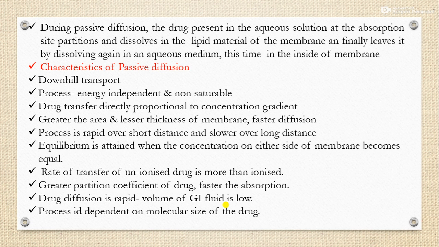Equilibrium is attained when the concentration on either side of the membrane becomes equal. The drug that can exist in both ionized and unionized form approaches equilibrium primarily by transfer of unionized species. Hence, the rate of transfer of unionized drug is more than ionized.